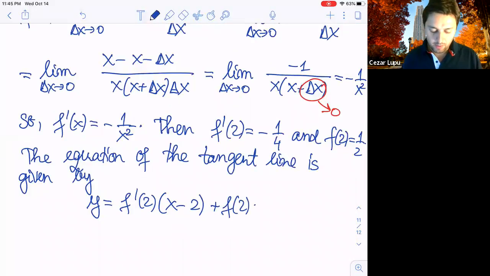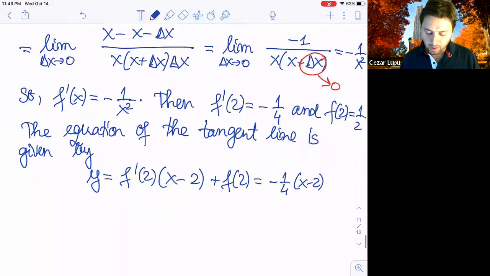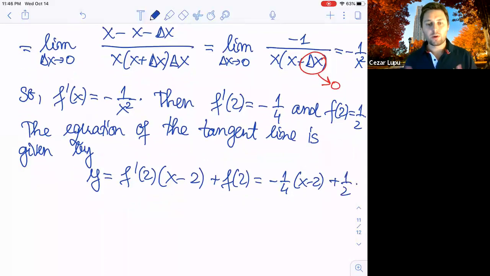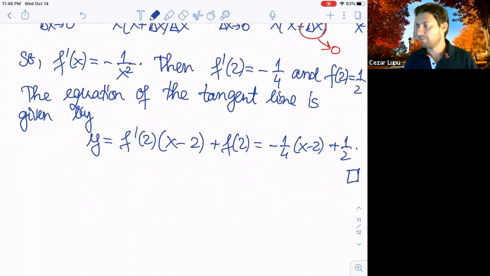Well, we know these values, so this will be nothing else than just -1/4 times x minus 2 plus 1/2. Anyway, you can do the computations, and that's it. So this is the equation of the tangent line.